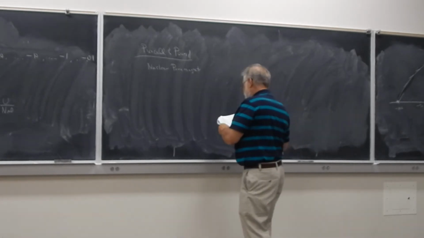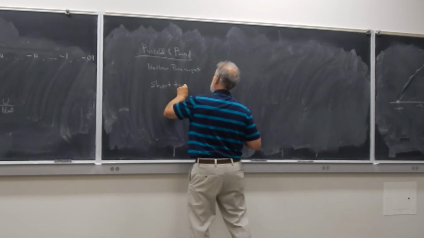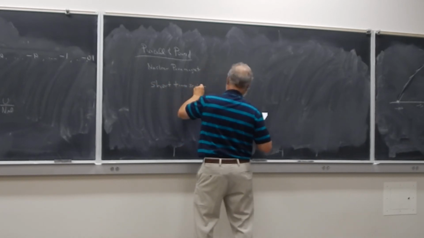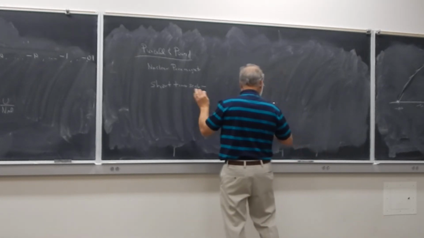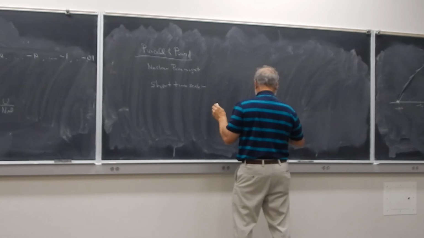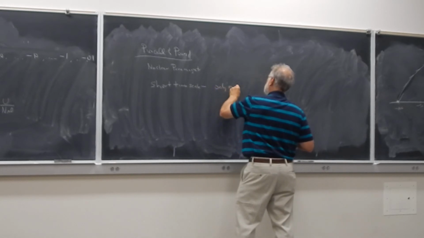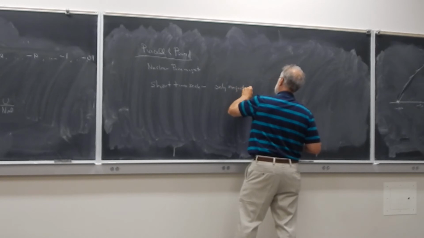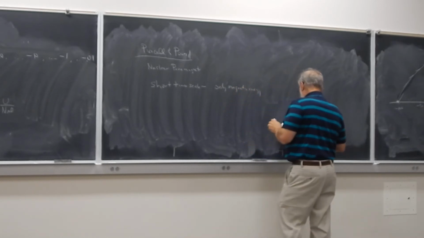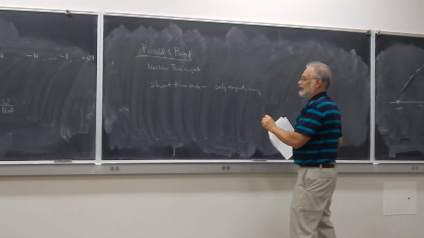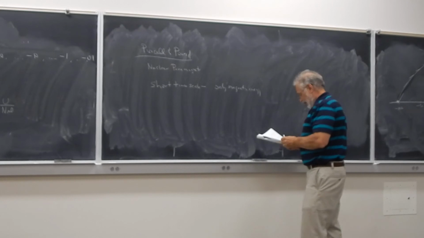So on a really short time scale, we can find that dipoles behave like they're an isolated system with only magnetic energy. So you don't have any vibrational energy due to the lattice. It's only magnetic energy that you have to worry about.